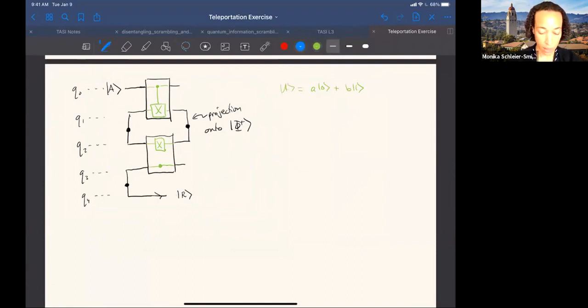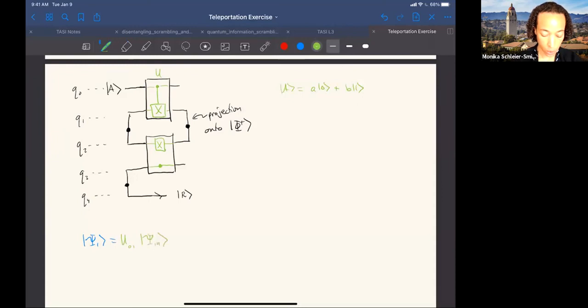And now what this is going to do is convert the input state. Let's define psi1 as this first unitary operator that acts on qubits 0 and 1, acting on my input state.